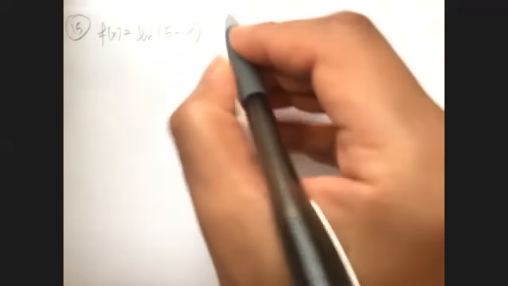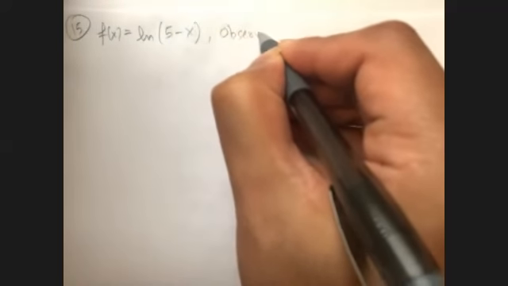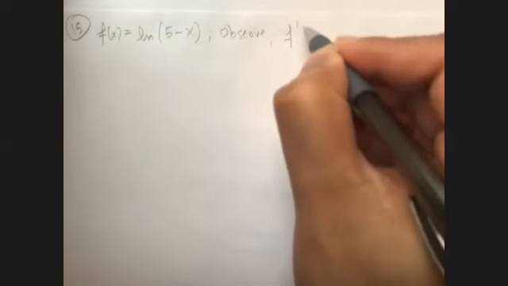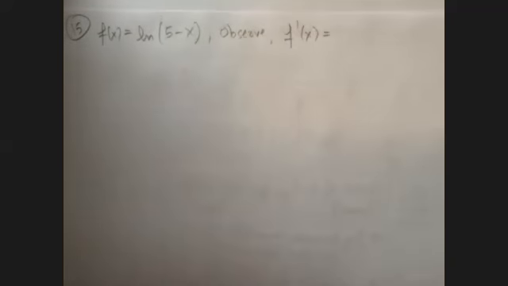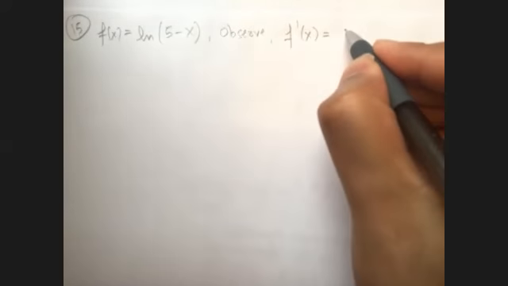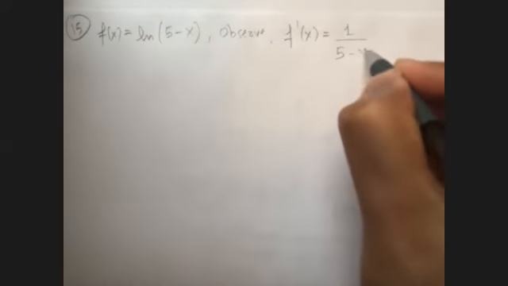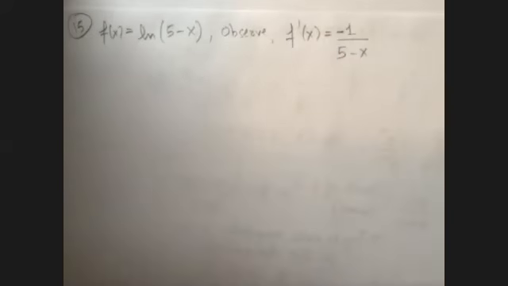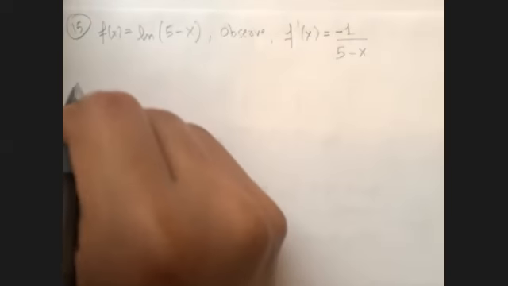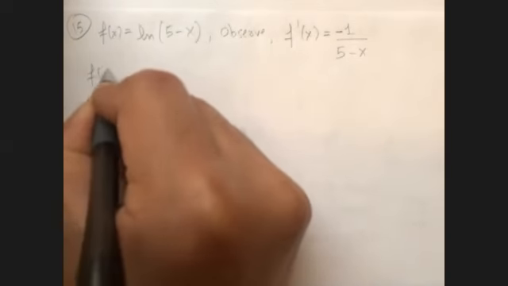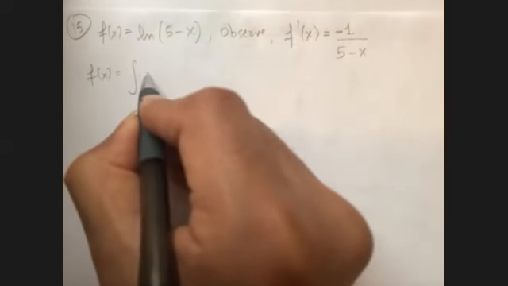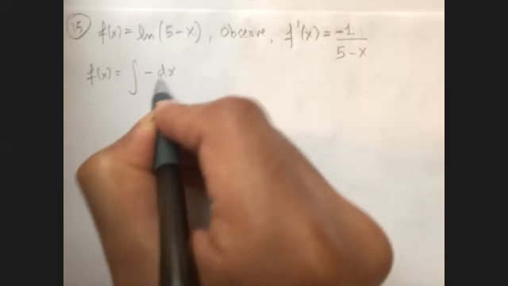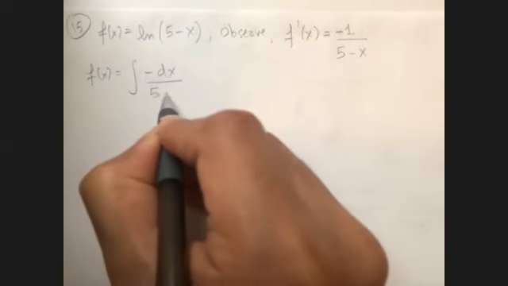If you observe, f derivative of x is 1 over 5 minus x times negative 1 because of the chain rule. So it means f of x is the integral of negative dx over 5 minus x.